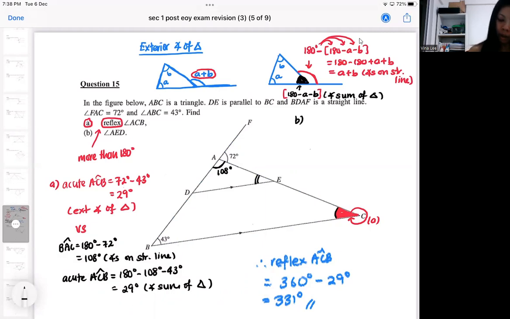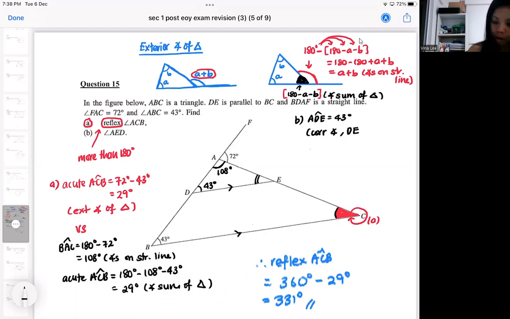So to get AED, it will be angle sum of triangle. But then you must be able to account for the 43 degree. So ADE is 43 because it's a corresponding angle. So when you state corresponding angle, make sure you state the pair of parallel line.